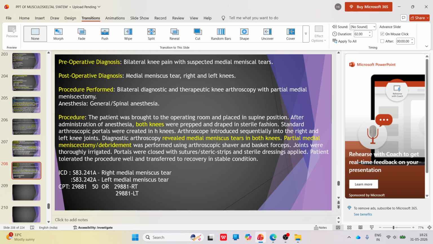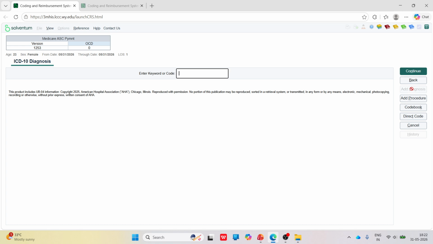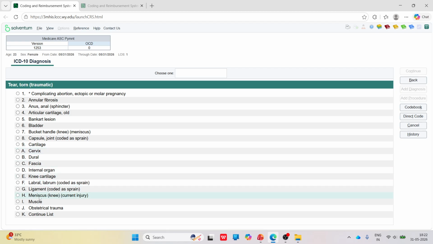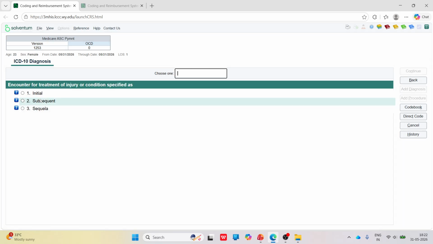So here the diagnosis is medial meniscus tear for the right and left knee. Okay, there is a single compartment, that is medial, and both knees were included, and the partial meniscectomy has been done. So we'll do the navigation of the ICD. Here, meniscus, other, lateral, and it's on the right side, initial.